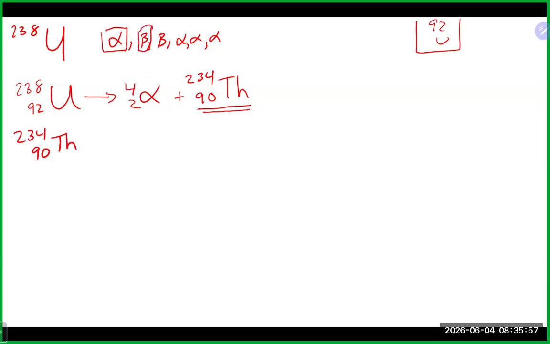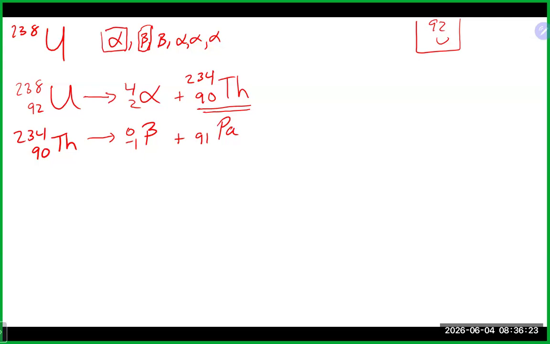A beta decay means that our beta particle should be on the product side. Once again, you could use the e for the symbol rather than the beta symbol. In this case, we need to go up 1, right? 90 minus negative 1 is 91. So that moves us to Pa in this case.